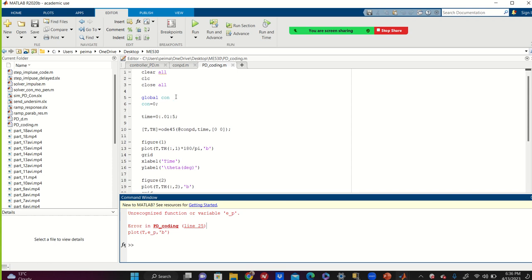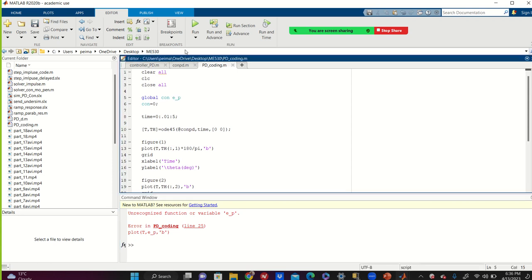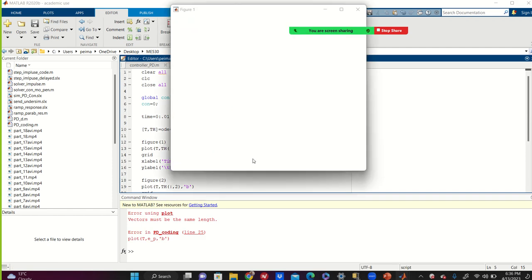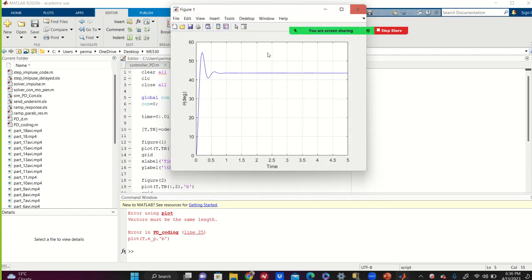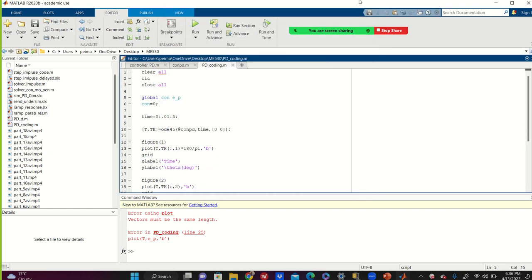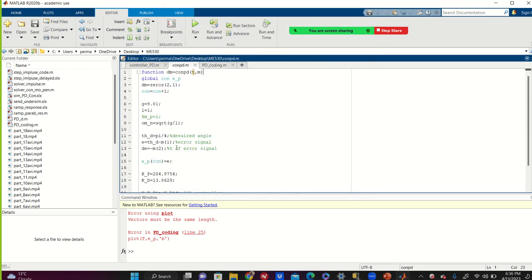Oh, I have to define it here also. Sorry. EP. Okay. Understand. So you know what I'm gonna do? I'm gonna do the same for here. Time of plotting counter is t. Time.